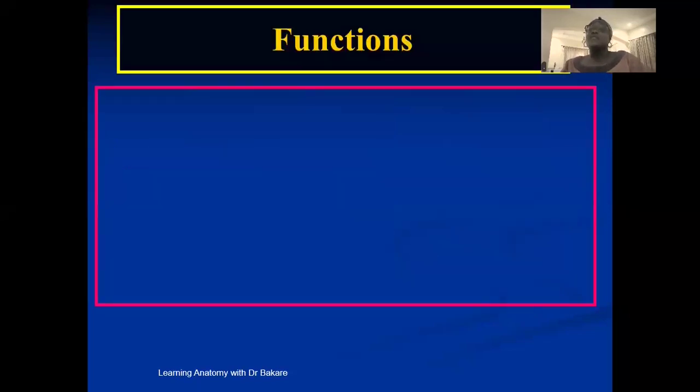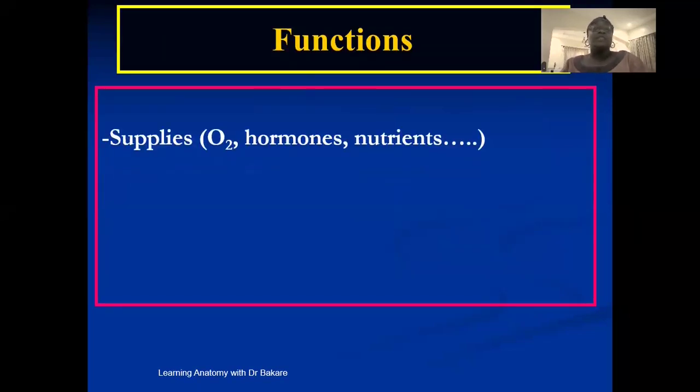Let's look at the functions of blood. Blood supplies oxygen, hormones, nutrients, and other important substances to the different organs in the body. It is through blood that oxygen molecules run through to supply the different cellular components of the different organs in the body for their own metabolic activities.